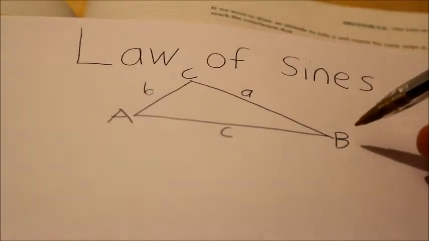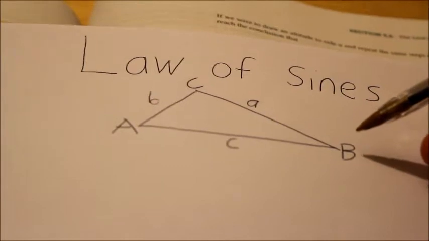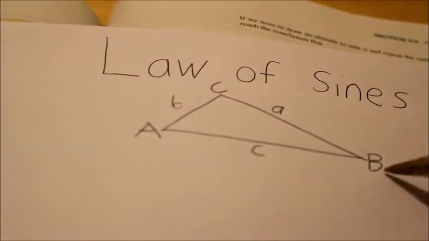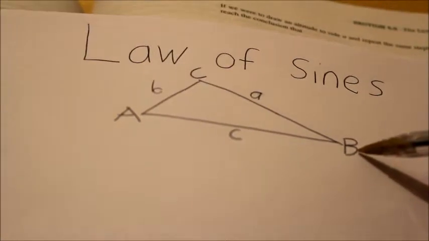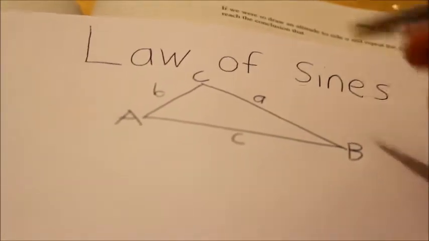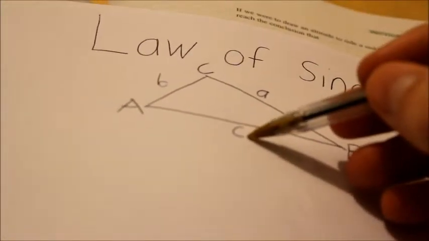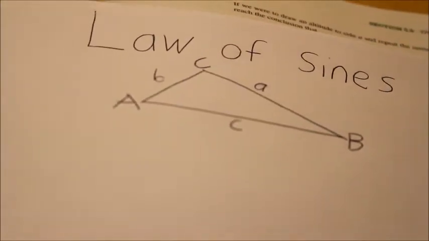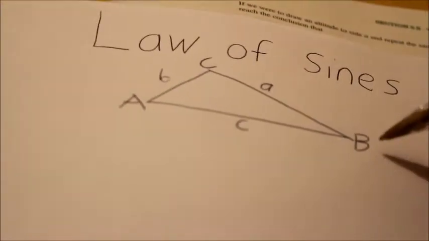Before we get into the concept of the law of sines, it is important that we review the parts of the triangle. Say we look at angle B. The sine of B is side B, opposite of it, and the cosine of B is side C, which is adjacent to it. Now for today's lesson, we will only focus on the sine of the angle.